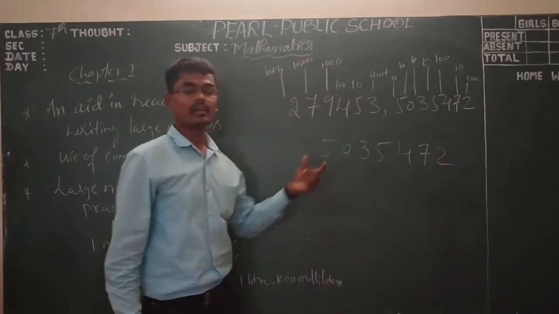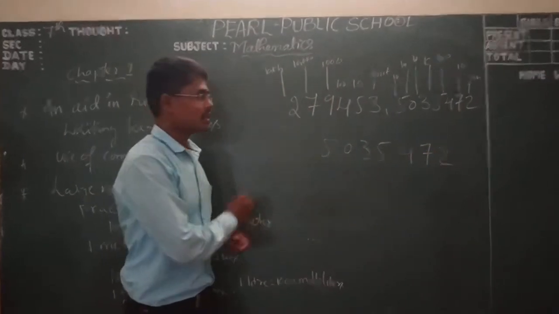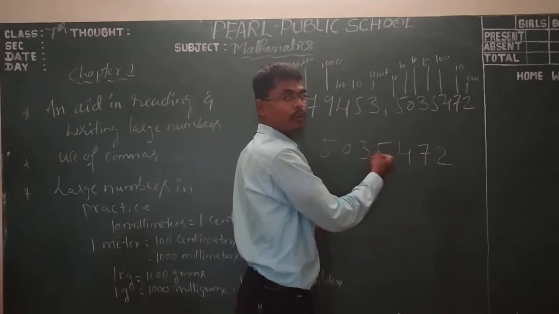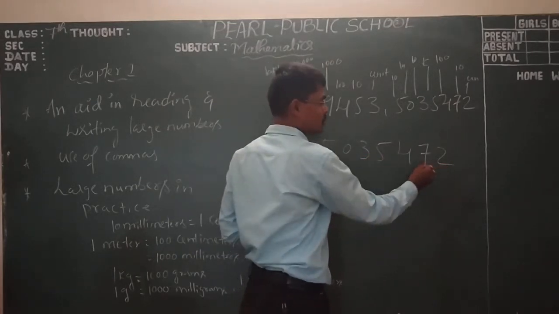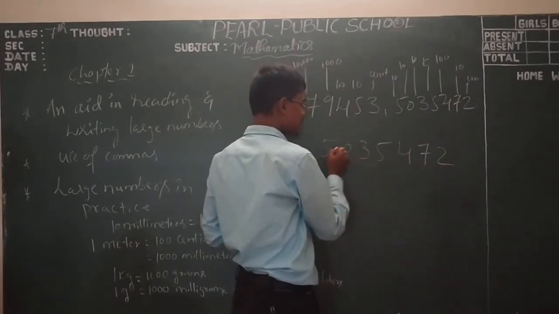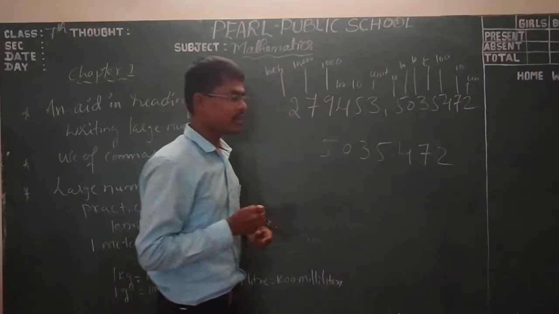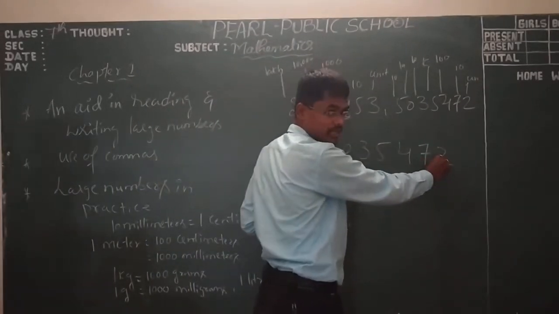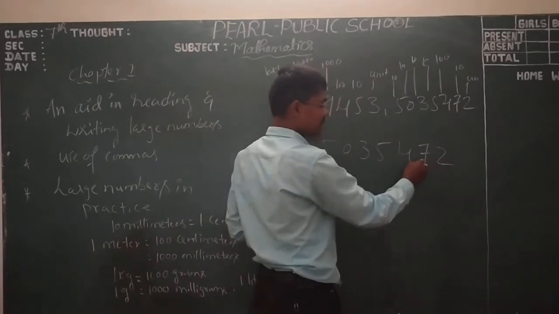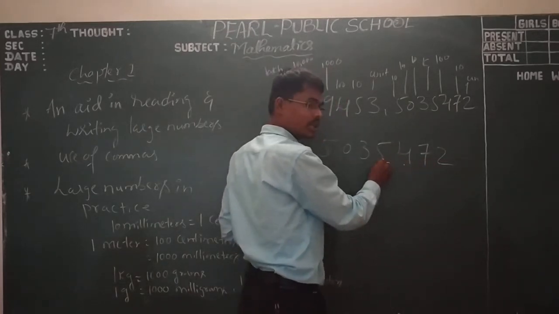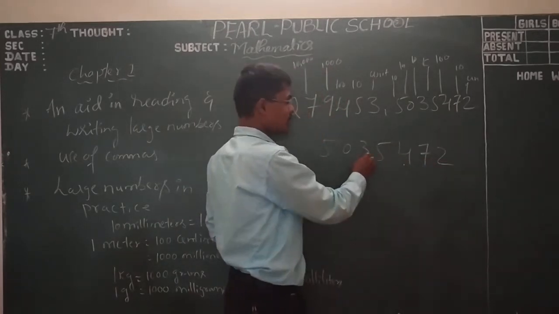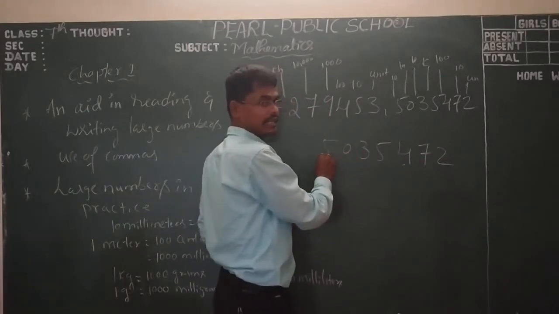I have written the digits like this. Just count how many digits are there here. 1, 2, 3, 4, 5, 6, 7. Total 7 digits are there. And this is a unit digit, this is a tenth, this is 100, this is 1000, this is 10,000, this is lakh, and this is 10 lakh.